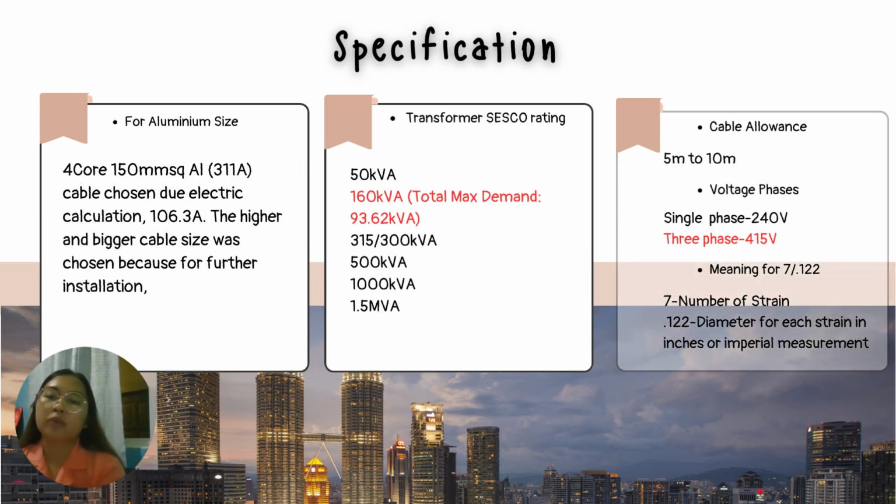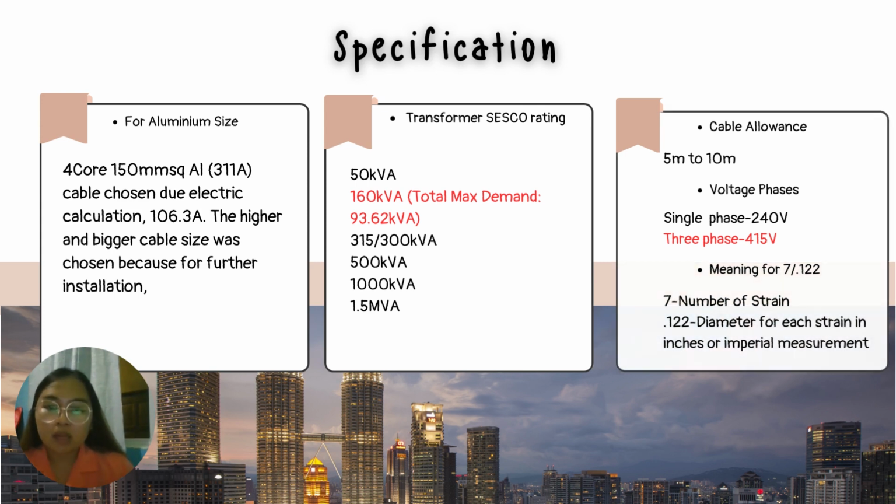There are 5 transformer ratings, which are 50, 160, 315 slash 300, 500 kVA, 1000 kVA, and 1.5 MVA. My substation is 160 kVA due to the total max demand of 93.62 kVA. The cable allowance must be 5 to 10 meter.